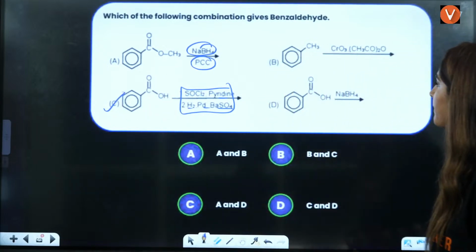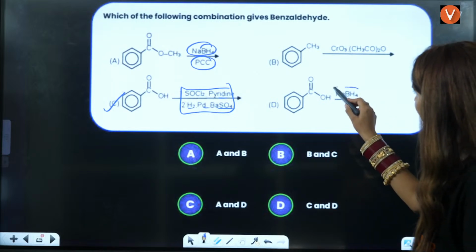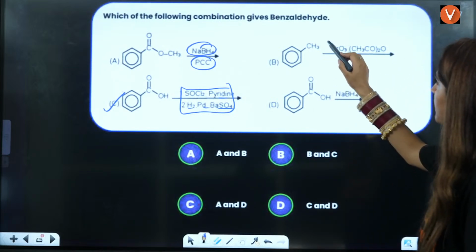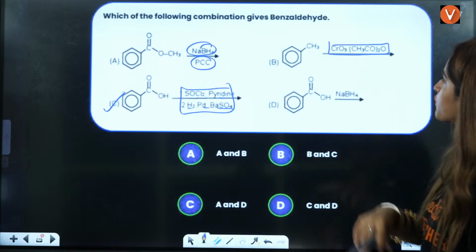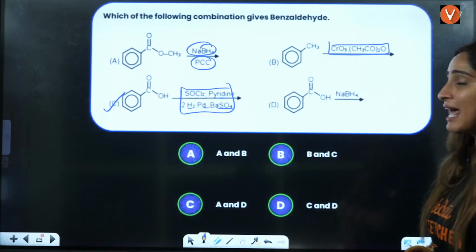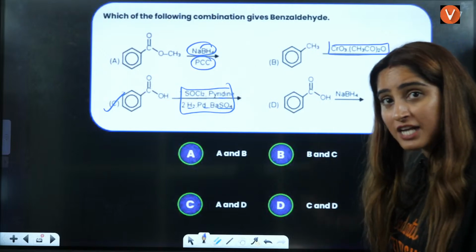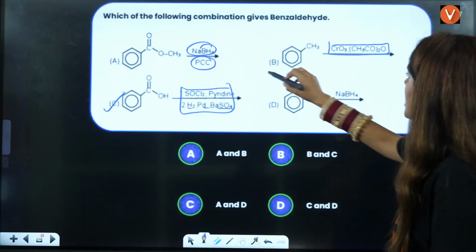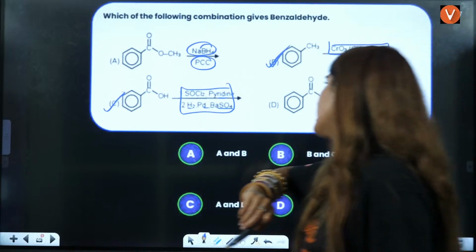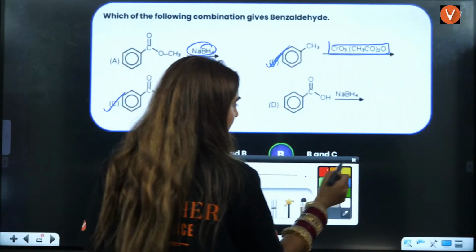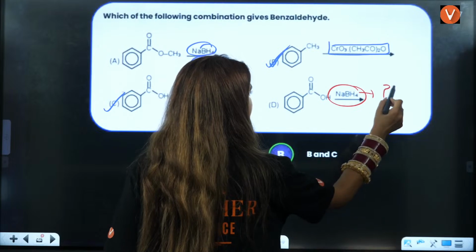Talking about NaBH4, first you tell me this one. Toluene in presence of CrO3 and acid anhydride, that is just like, I'm not saying this is a Etard reaction, this is just like an Etard reaction. This will also give you benzaldehyde. Now tell me, NaBH4, will it give or not?